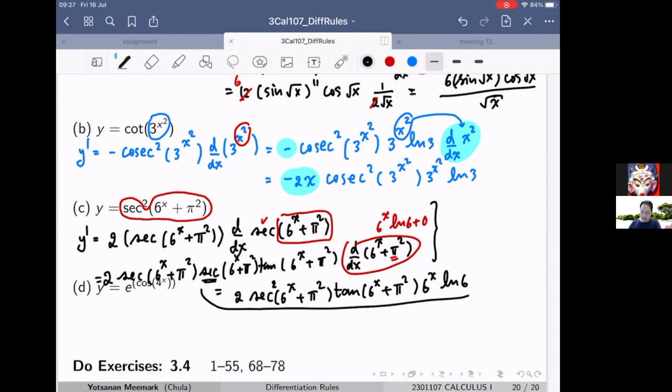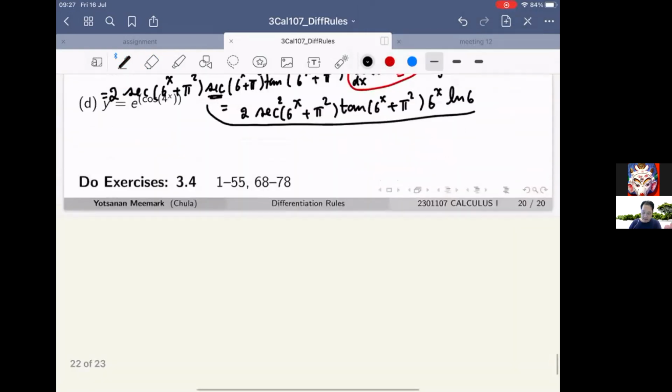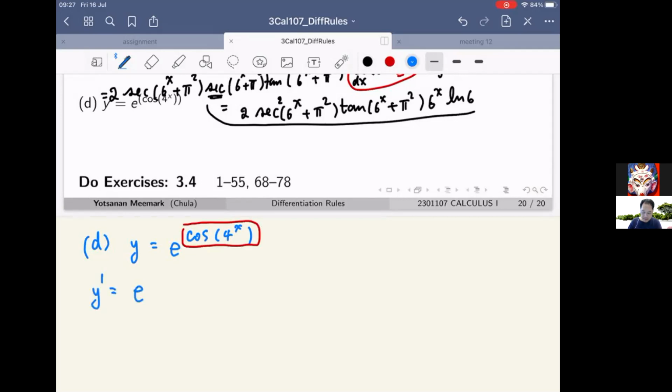So let's look at the next problem, number D. Let me just write down here. For your D, the problem is e raised to the power cosine 4 raised to the power x. It means that the major function is the e. So your y prime becomes just e to the u, and then a derivative of the u.